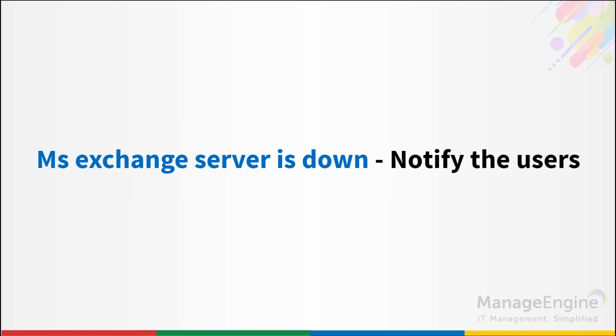In such cases, it's better to inform all the end users in your network that we are aware that our Microsoft Exchange server is down and we're currently working on it, and this issue can be expected to be resolved in 2 or 3 hours. This way you can reduce the number of recurring requests you get during a downtime or unexpected disasters that happen in your network.